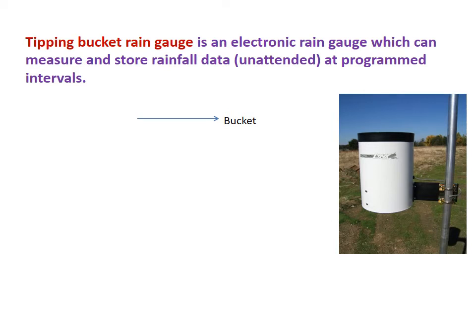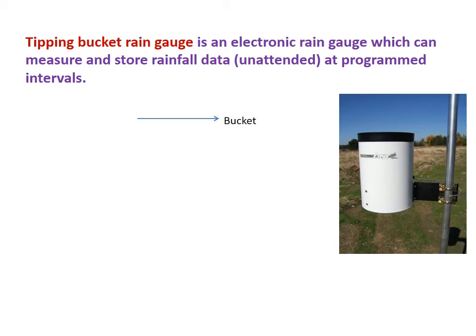But in forestry and wildlife studies, you may not be able to go to some remote areas every day and make a measurement of the rainfall. There is a solution to that, which can be done with the help of an instrument called the tipping bucket rain gauge, which is an electronic rain gauge that can measure and store rainfall data at programmed intervals.